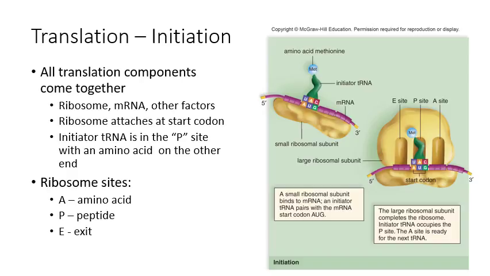So we have 3 sites on our ribosome. We have an A site, a P site, and an E site. If we can remember what they stand for, I think it's really helpful in knowing what the different functions are.